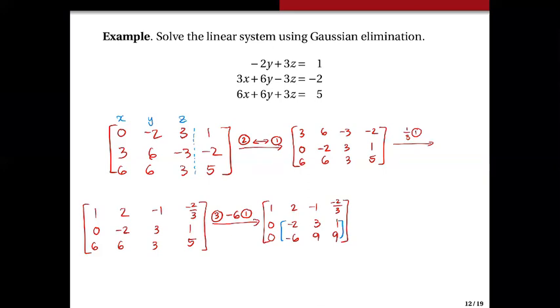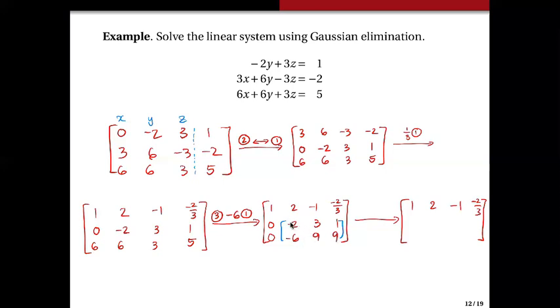Now, let's copy row 1. It's 1, 2, negative 1, negative 2/3. And then what we're going to do is to choose between rows 2 and 3.